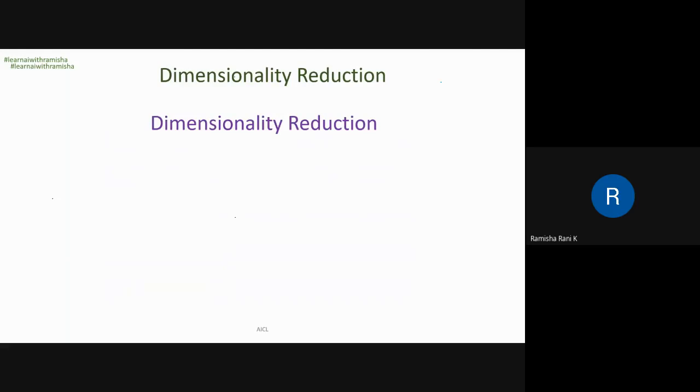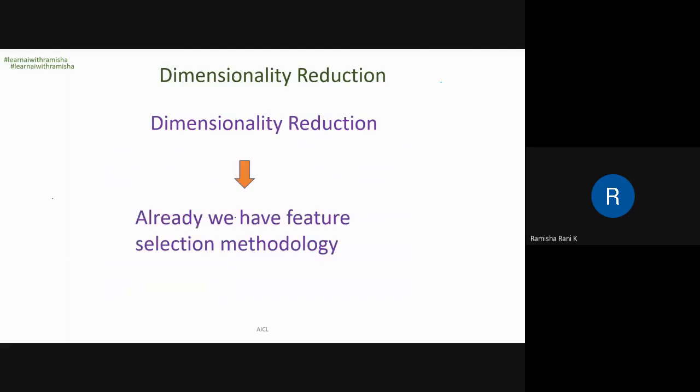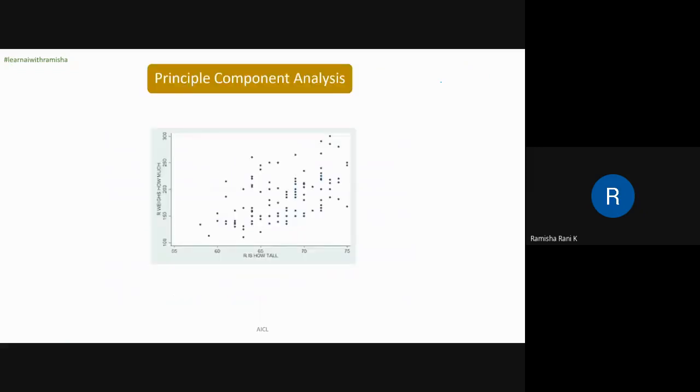The dimensionality reduction, already we have feature selection methodology, then why PCA? So I told you under dimensionality reduction, we have 3 algorithms. One is principal component analysis, another one is linear discriminant analysis, then kernel PCA. So now we'll start to understand how principal component analysis works, how PCA works, and how it is going to change our entire value, right?